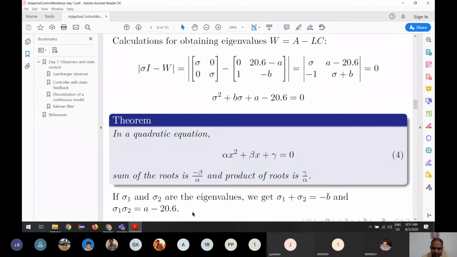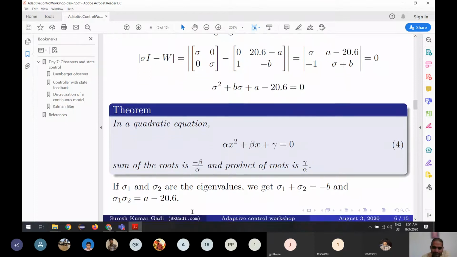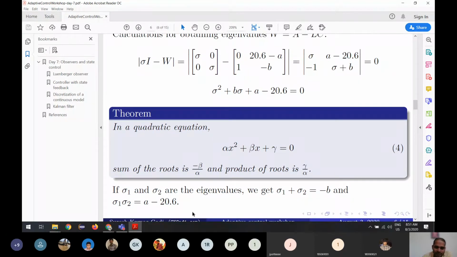So why I'm using this is, here I want to show one technique that most control systems people use: instead of solving the equation, we can use other techniques to get some information. It is a simple equation, and we can find out sigma 1 and sigma 2. But we don't have to solve the equation all the time. Why is it important?